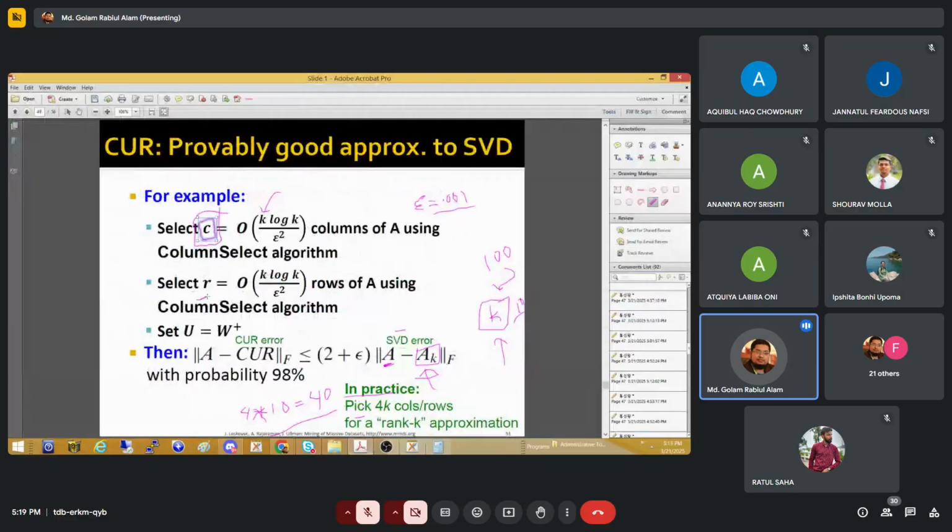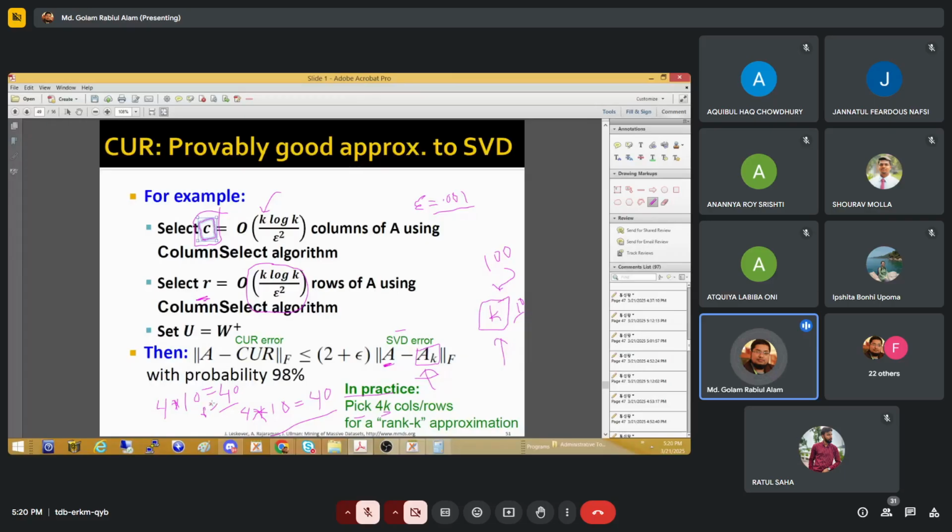That is the R selection. We can apply this one, but in practice, we can think about 4 times k. So 4 times k is our 10. This is also the 40. So R value, R is also 40.